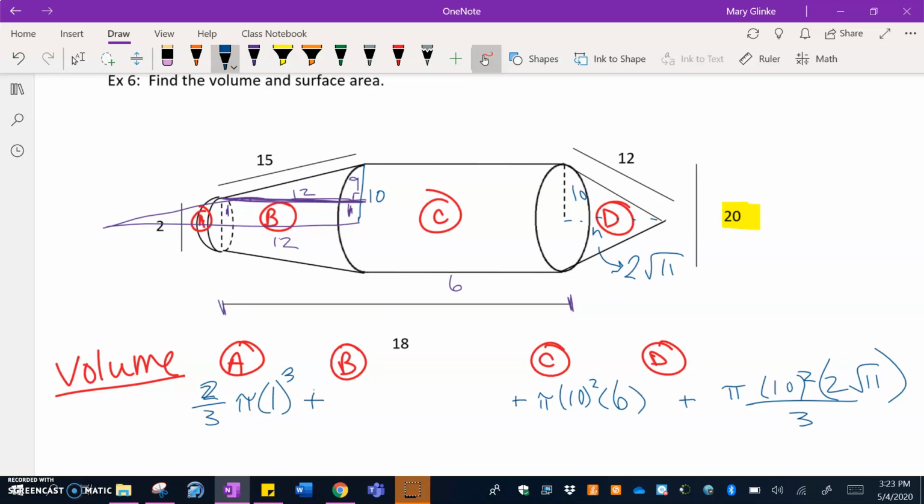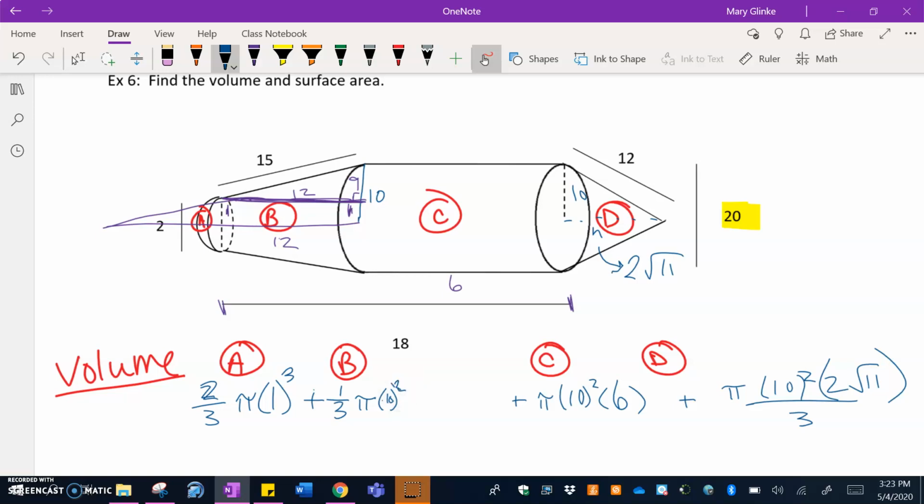Okay, so now we have everything except the frustum. So we need to do the volume of the larger cone minus the volume of the smaller cone. So the volume of the larger cone is going to be 1/3 pi r squared times the height of the larger cone.